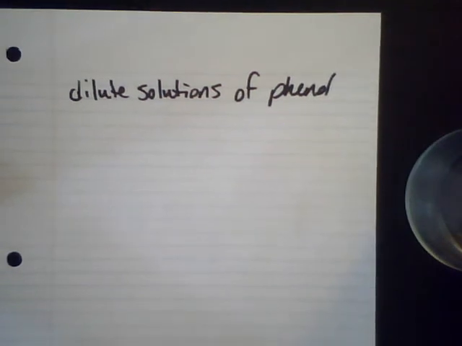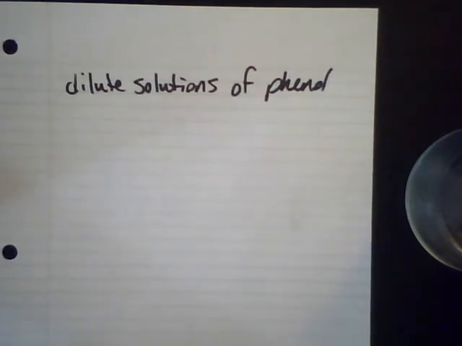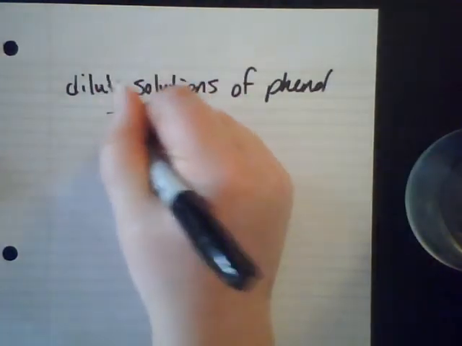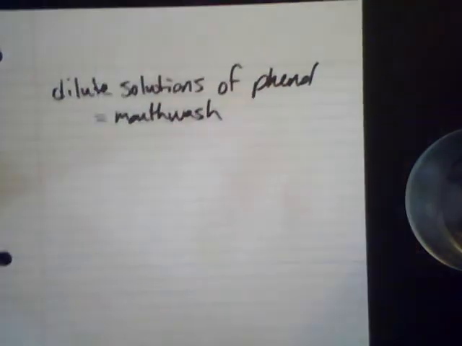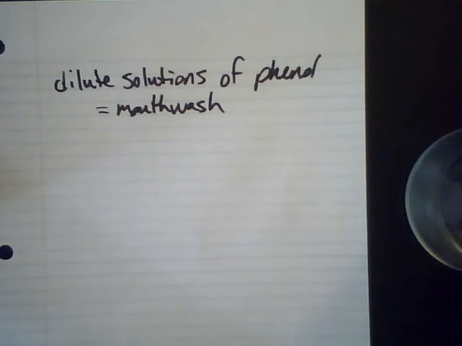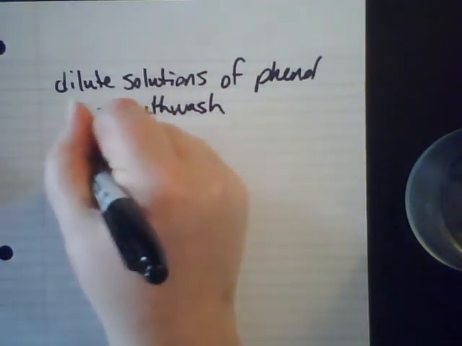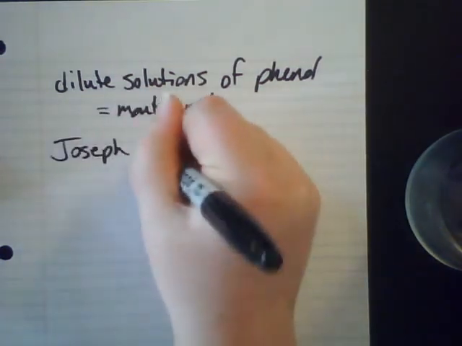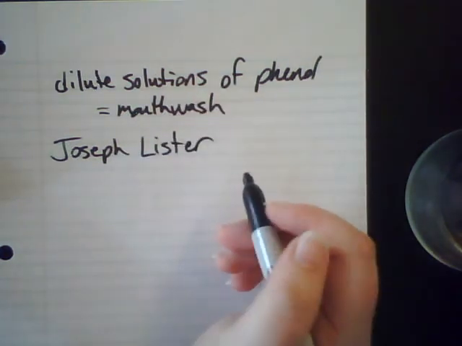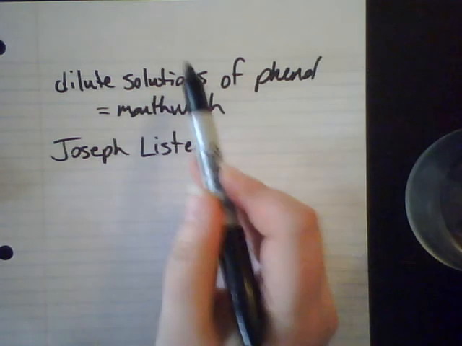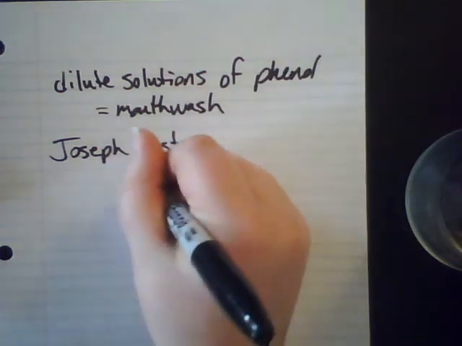and help rinse out different orifices. So dilute solutions of phenol are used for things like mouthwash. And the scientist that first discovered this was a man named Joseph, wait for it, Lister. And so Listerine came from Joseph Lister and these dilute solutions of phenol.